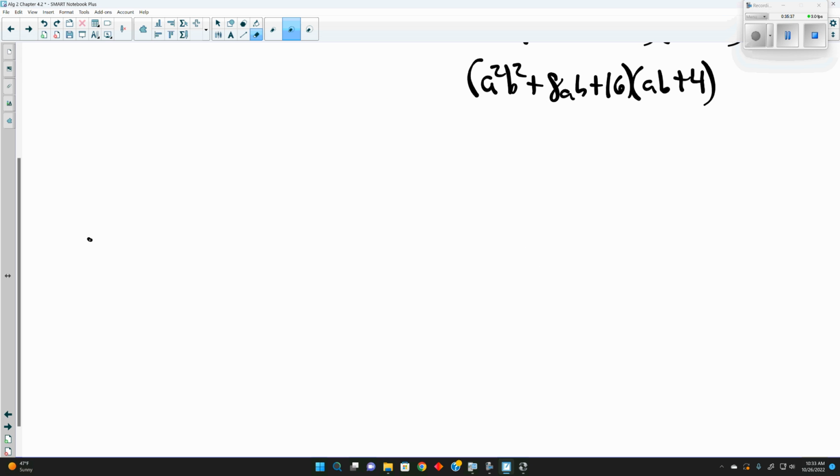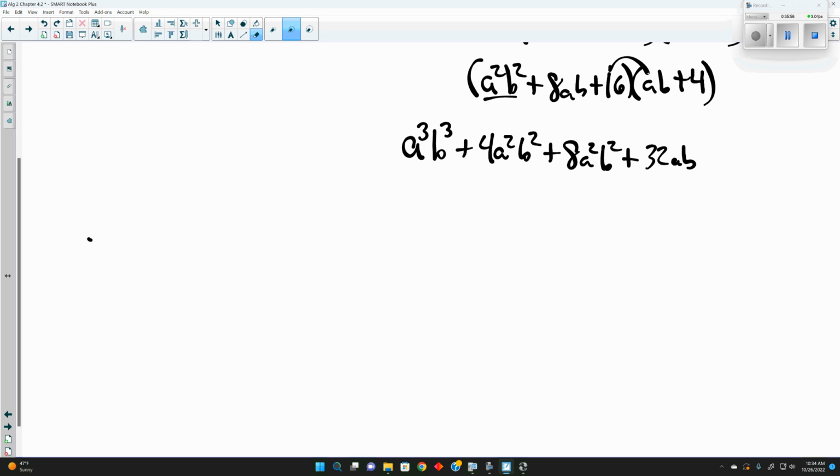And if we do this again, we'll get a cubed b cubed plus 4a squared b squared for this first one. Then we have plus 8a squared b squared plus 8 times 4 is 32ab. 16 times ab is plus 16ab. And 16 times 4 is 64.